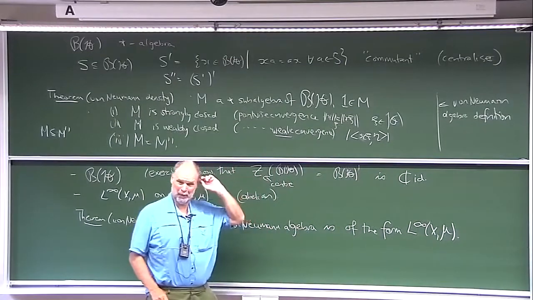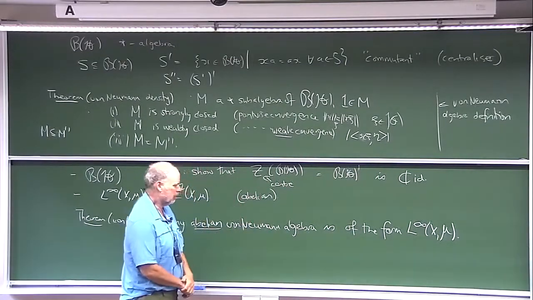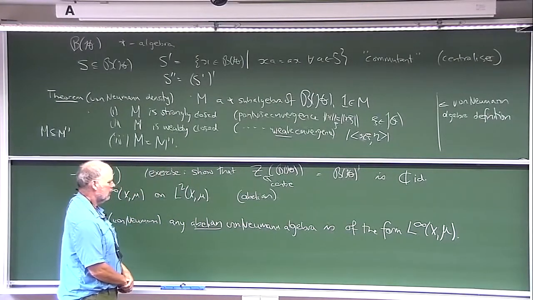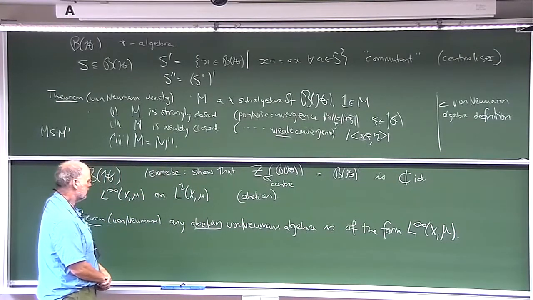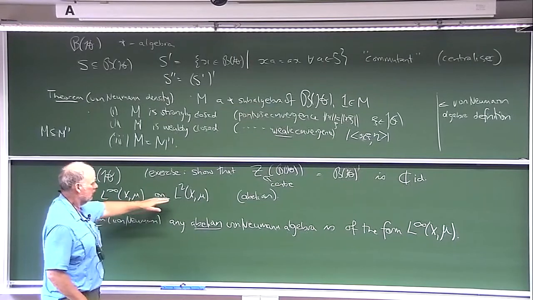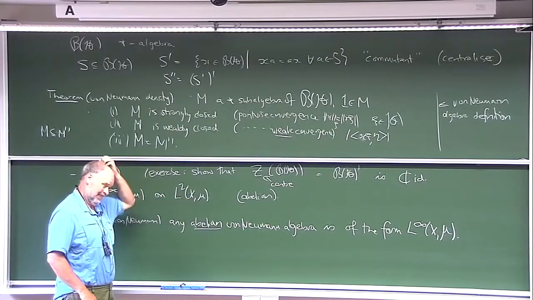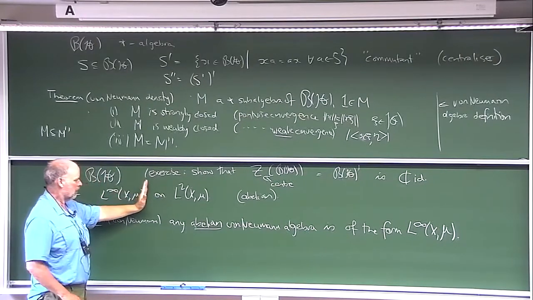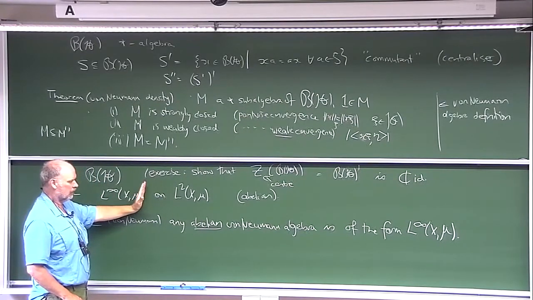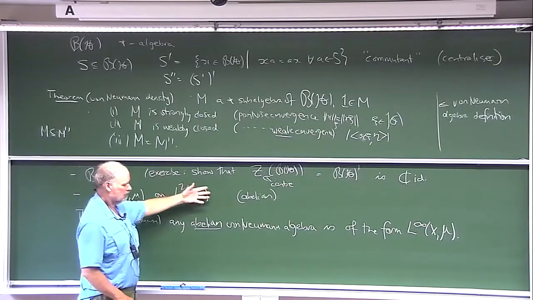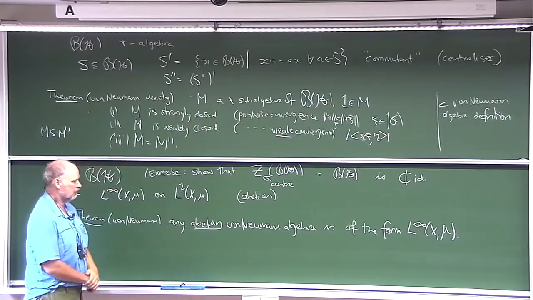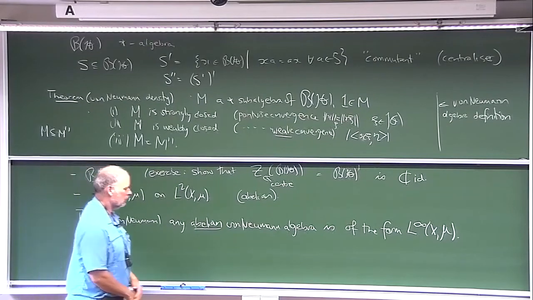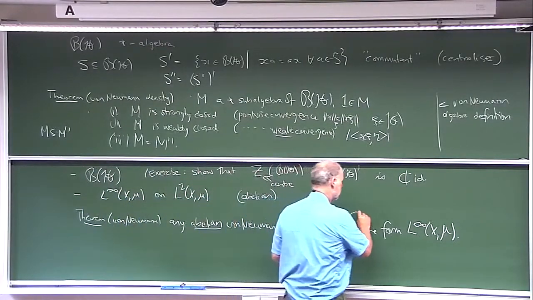Now I'm actually sweeping something under the rug. I'm sort of hiding something that's not necessarily very pleasant, which is the multiplicity question. This L infinity on L2 of (X, mu) you could think of as one way of representing the algebra L infinity, but there are lots of other ways with multiplicity, and you can see that perfectly fine in finite dimensions. So when I say of the form, this sort of means up to multiplicity.